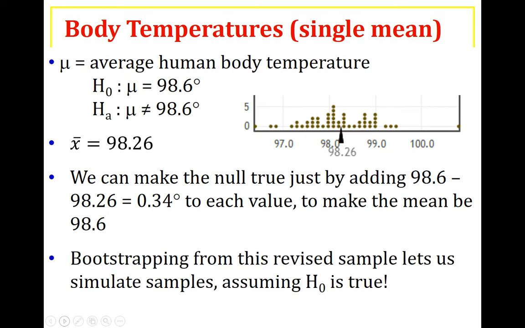Bootstrapping does this very same thing. It says, listen, if the null is true at 98.6 and you really got 98.26, you were off by 0.34. Rather than letting all of the data be off by 0.34, bootstrapping adjusts it by 0.34 degrees and reruns the data. Remember, the spread of the data should be similar between the sample and the population.